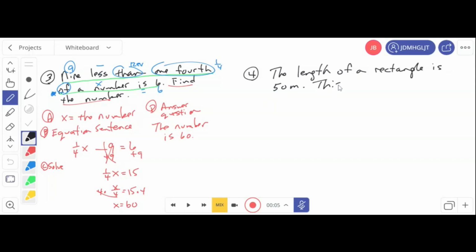This is 6 meters more than twice the width. Find the width.